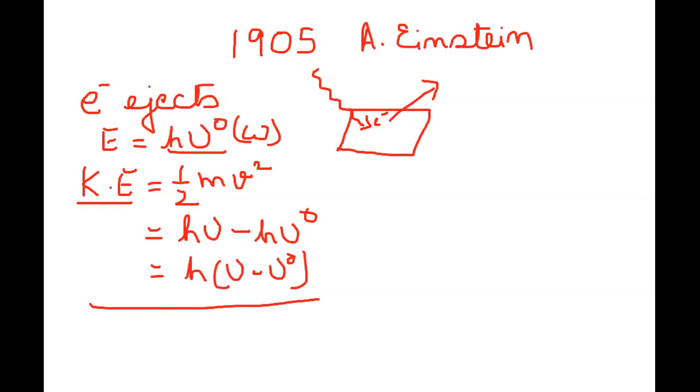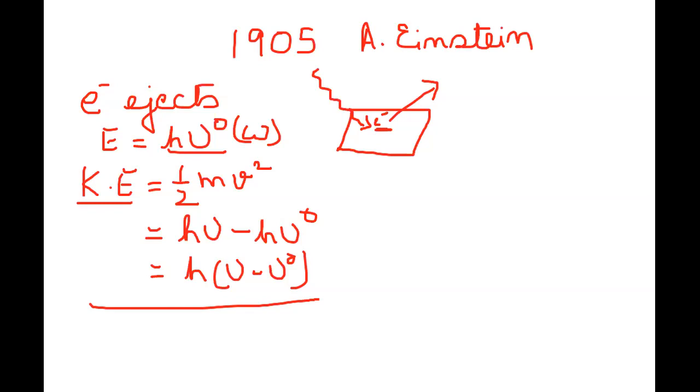You can explain it on the basis of Planck's concept of quantization of energy. It should be understood that emission and absorption of radiant energy is always quantized. Each quantum, that is the particle nature we are talking about, travels with the velocity of light, and it gives up its entire energy to the electron on the surface of the metal.